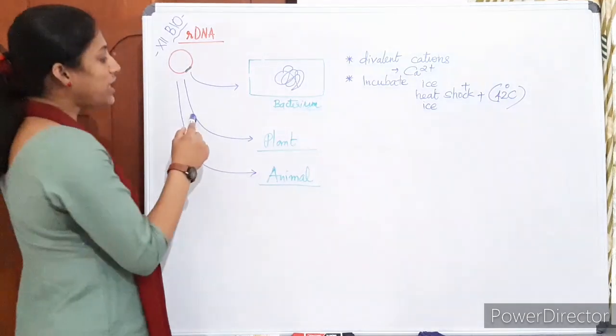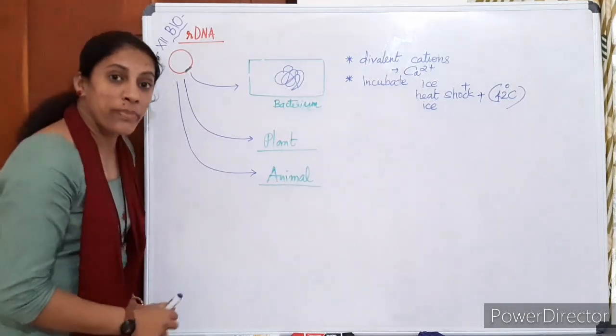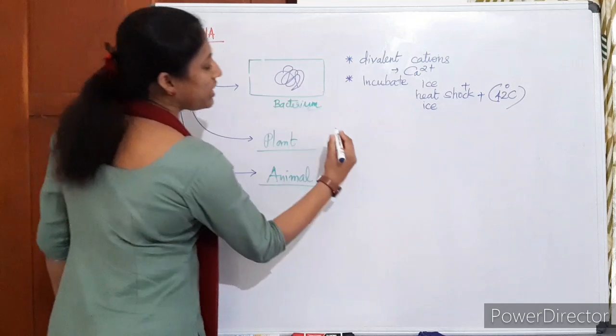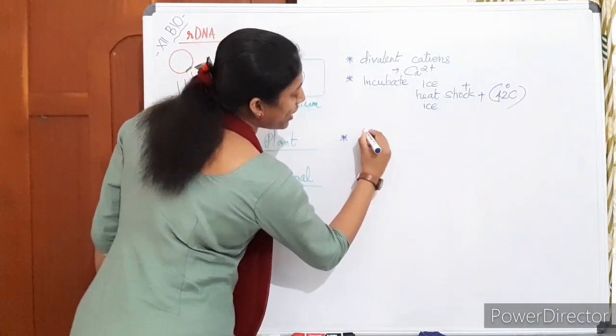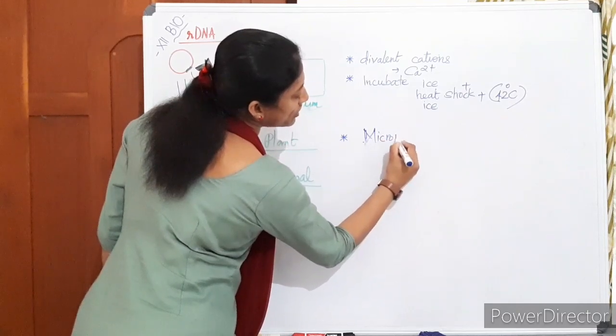In order to deliver to a plant cell, rDNA is coated around microparticles of gold or tungsten.